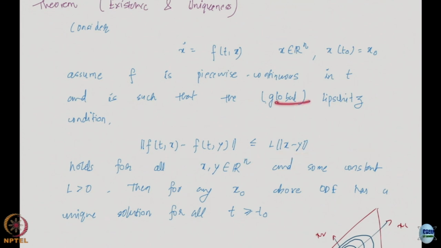Why is it global? Because this holds for all x, y in R^n. I am not saying x, y in some ball or in some small region around the origin or anything like that.